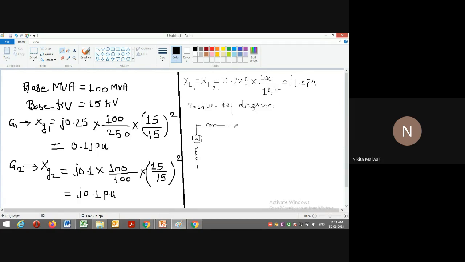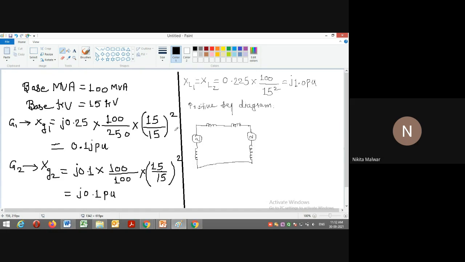Instead of line 2 also you connect the reactance. Again after this you find the connection of generator 2. Generator 2 has one source with one reactance. So connect this diagram.